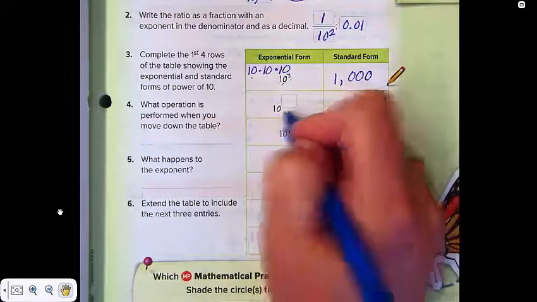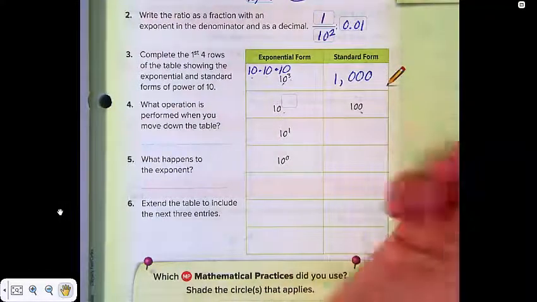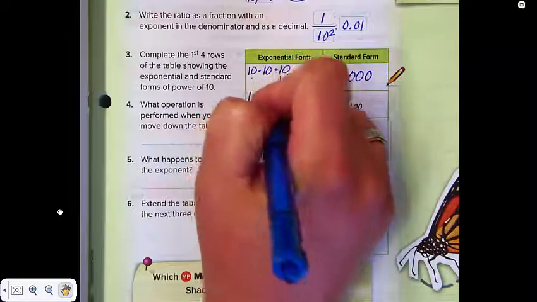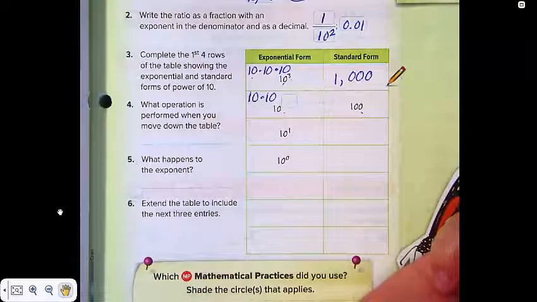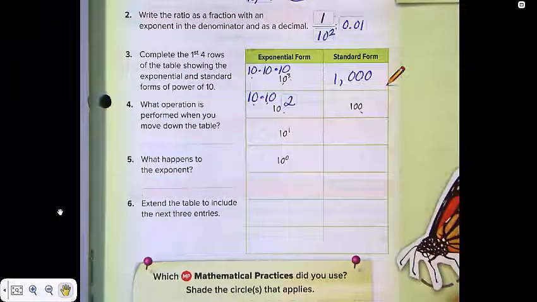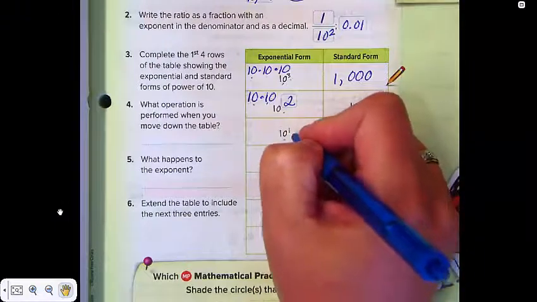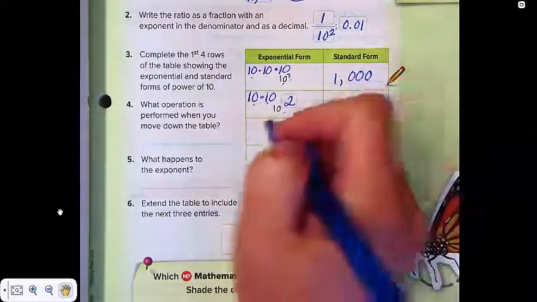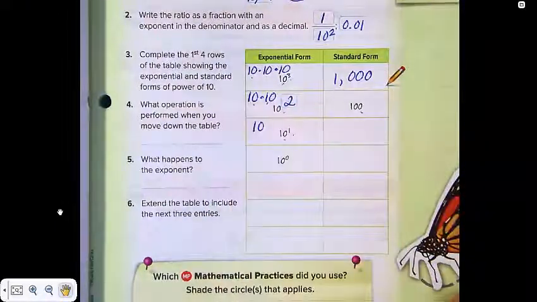How many 10s do I have to multiply to get 100? Well, I know that if I take 10 times 10, it will equal 100. So how many 10s do I have? And the answer is 2 of them. So that's 10 to the second power. 10 to the first power is just a 10 by itself. It's a single 10.